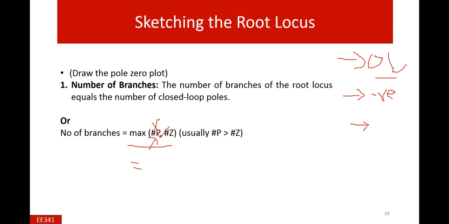Then the number of branches of the root locus is equal to the number of poles, because the root locus starts at the pole positions of the open loop transfer function. So that is the first point.